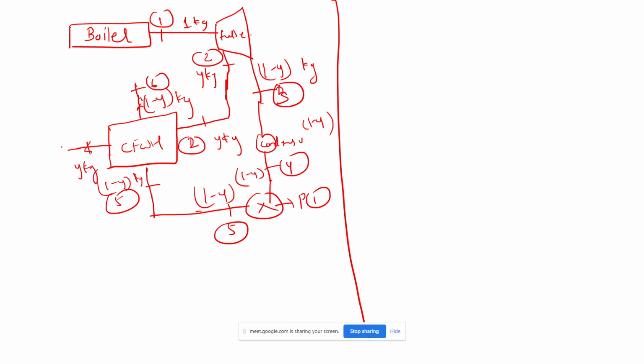After that, it will go to a pump. From the pump, it will increase the pressure of the y kg. Y kg goes to the mixing chamber here.